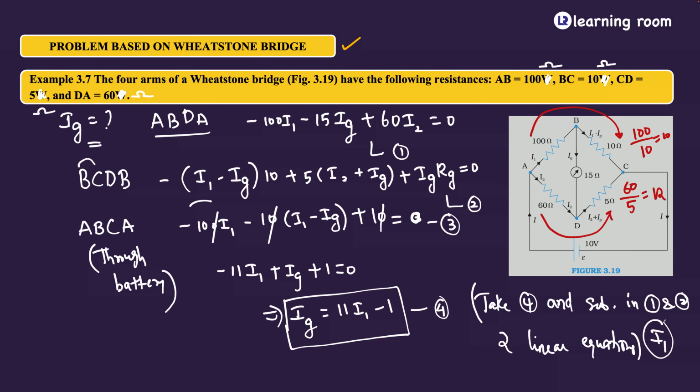I'll give you time, do this and show it to me. Take the fourth expression and substitute it in the second and the first one and get two linear equations in I1 and I2. So from those, solve for I1. Once you get that, substitute I1 back in the fourth equation, and you will get the value of Ig. Okay, start doing it.